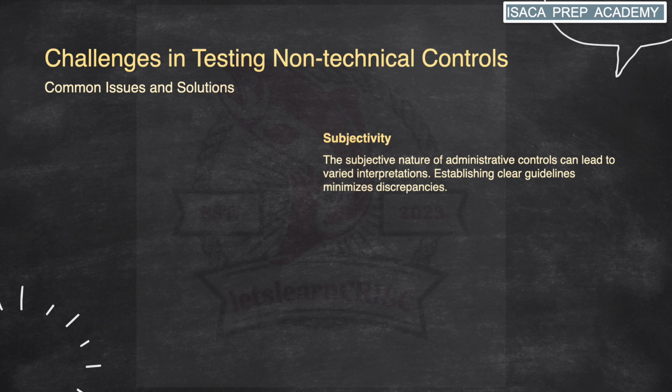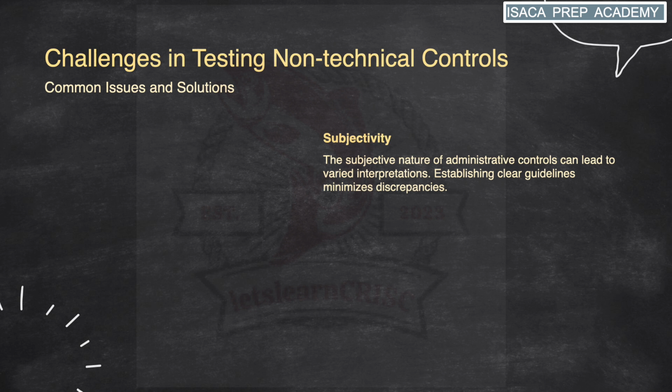This includes developing comprehensive security policies, procedures, and guidelines that leave little room for ambiguity, and providing adequate training and communication to ensure that all stakeholders understand and adhere to these standards.